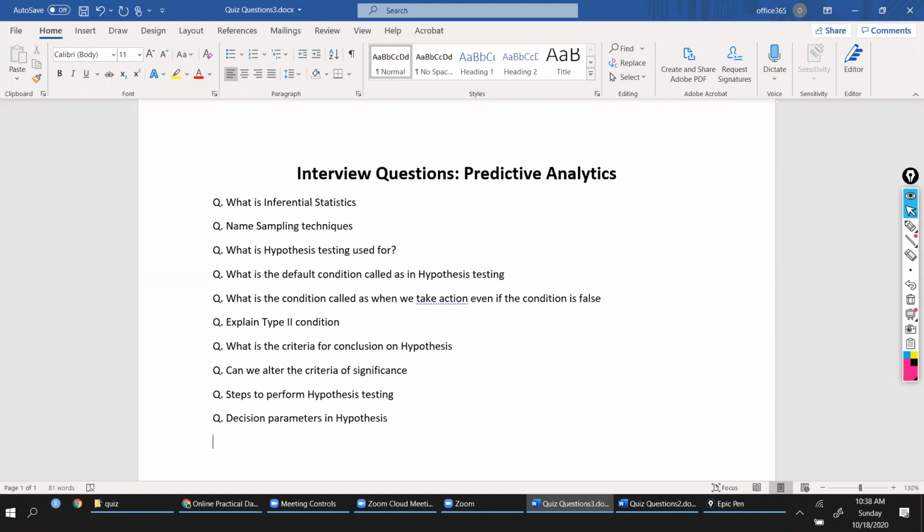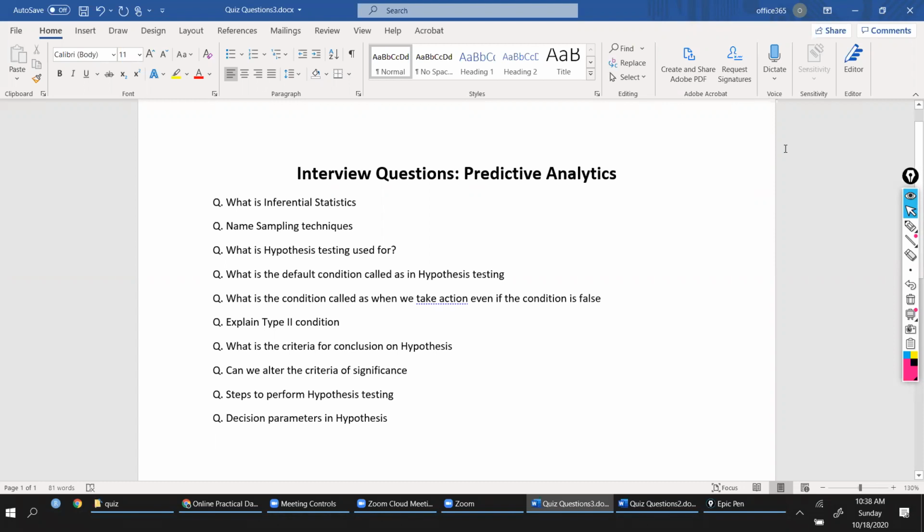Null hypothesis, alternate hypothesis, and significance level, guys, alpha. These are good enough for us, right? Test statistic would be there.